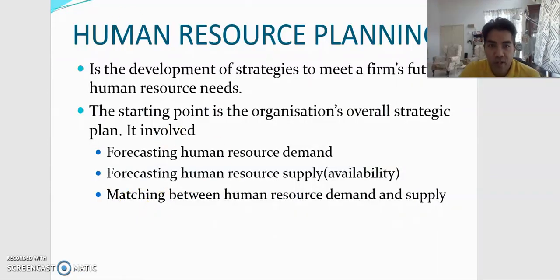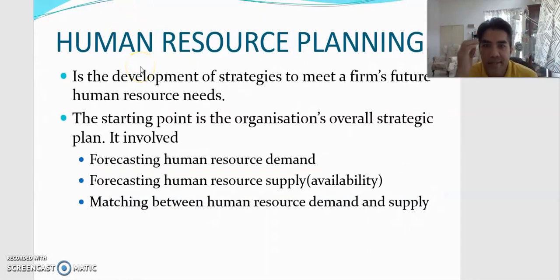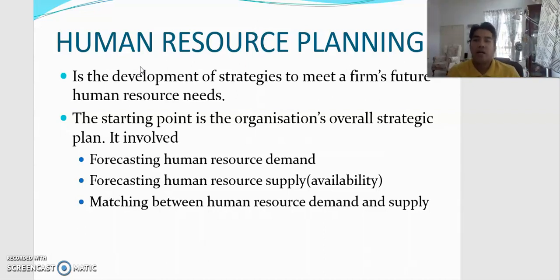So human resource planning is about the development of strategies to meet future human resource needs. The starting point is the organization's overall strategic plan. It involves forecasting human resource demand and supply and matching between human resource demand and supply. For example, there are 2 employees retiring in our organization in September. We know that 2 of our employees are going to retire in September.